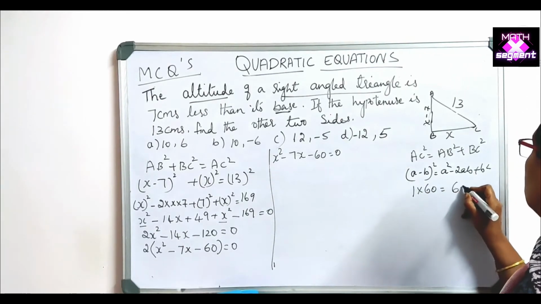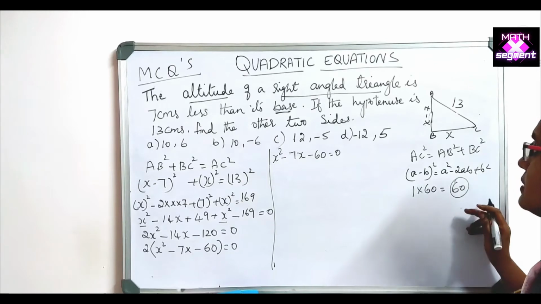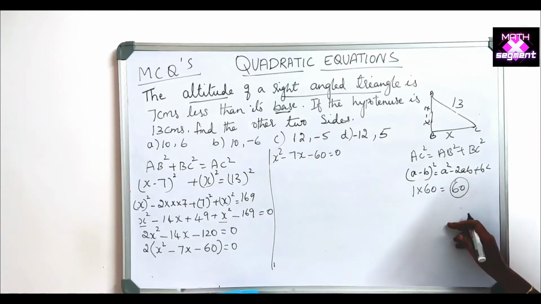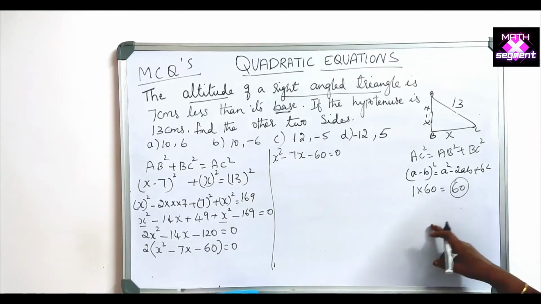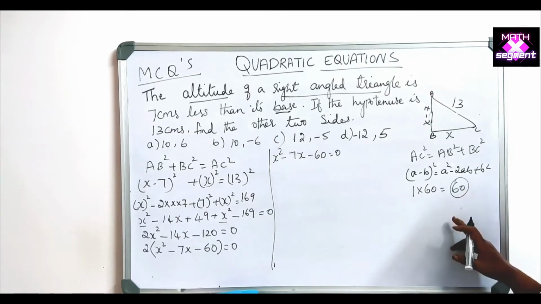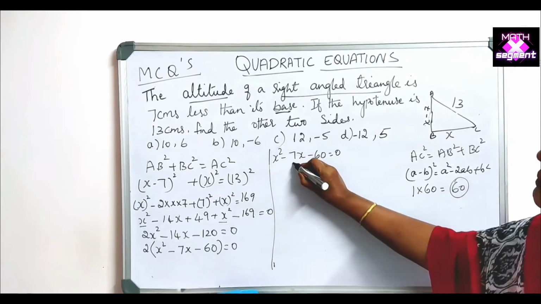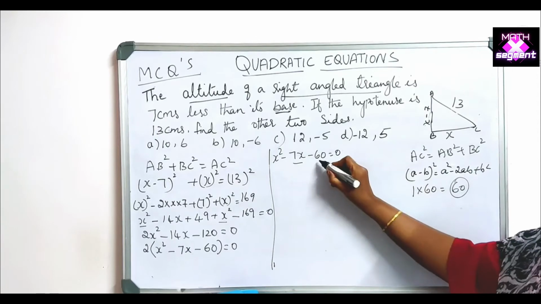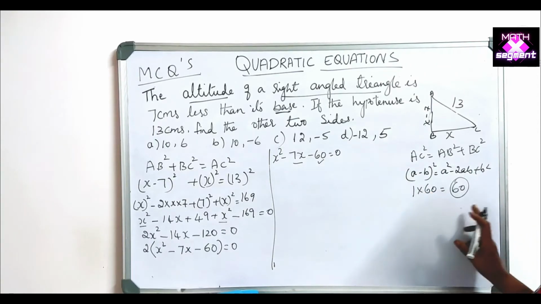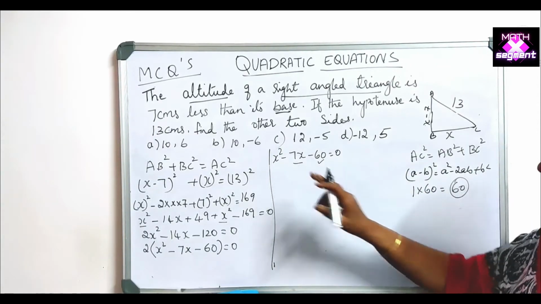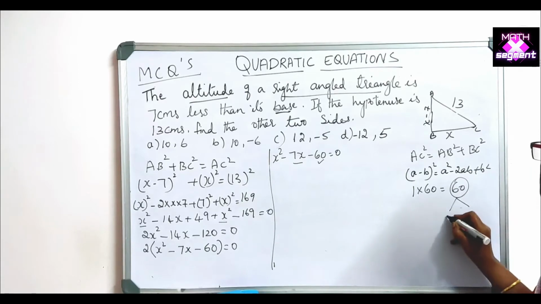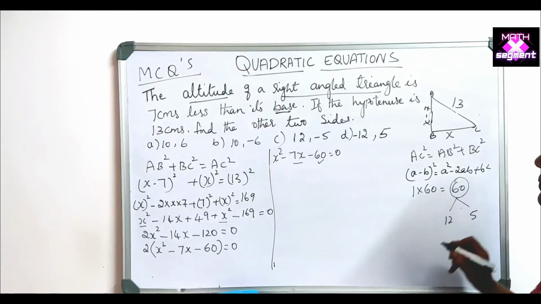So 1 into 60 is 60. So to get 60, I have to find the factors, so that if you multiply, you get 60. If you add or subtract, you have to get the middle term. If you multiply, you have to get the last term. If you add and subtract, you have to get the middle term. So I can take the factors as 12 and 5.